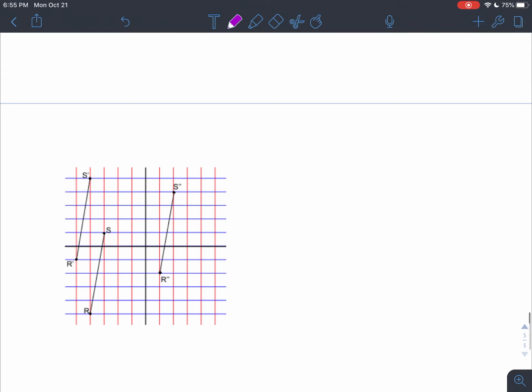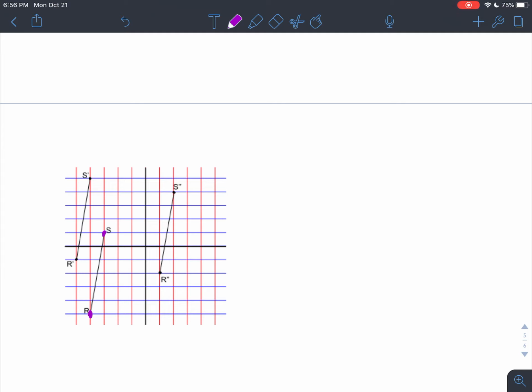So it said to graph segment RS with endpoints R at -4, -5. So that's the first step. RS at -4, -5, and S at -3, 1. And then translate XY maps to X minus 1, Y plus 4.